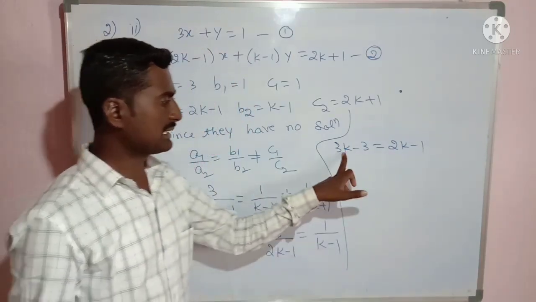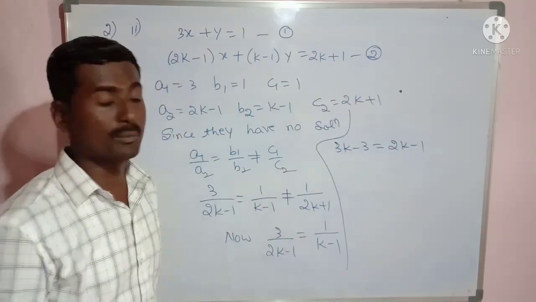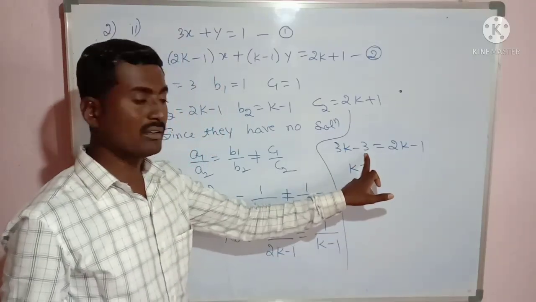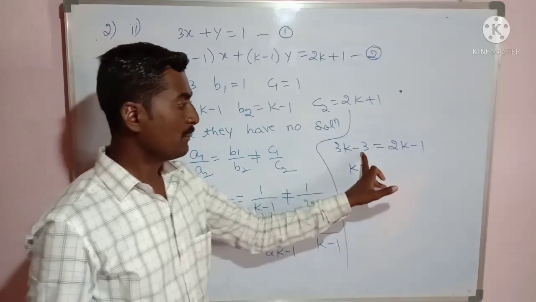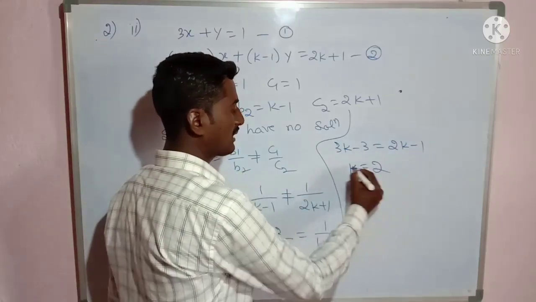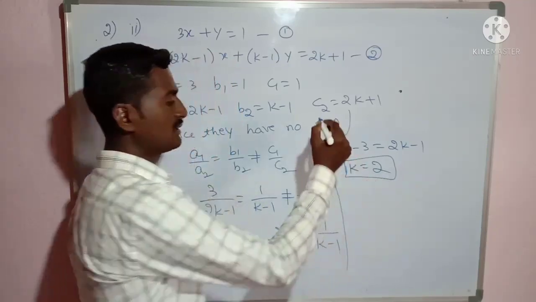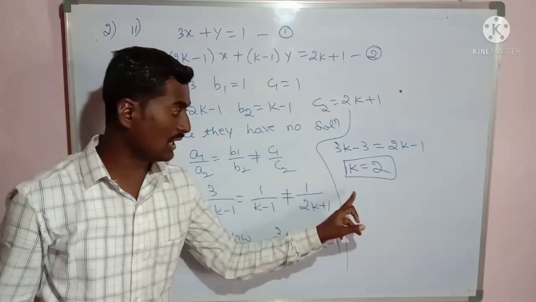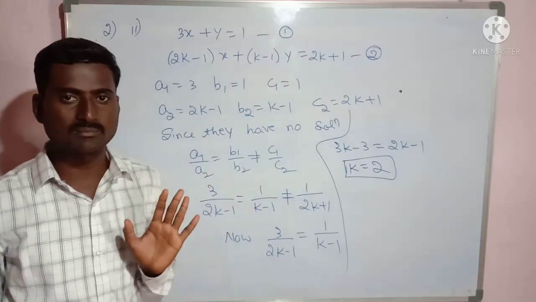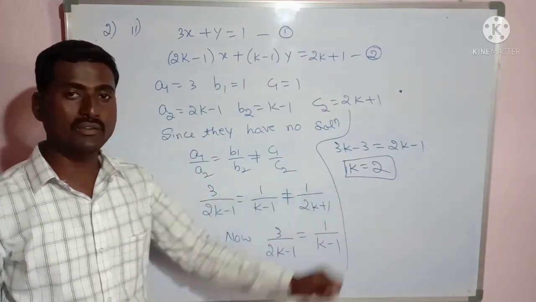Right? 3k minus 2k, that is k. Then I will take minus 3 to the right side. Minus 3 will become plus 3 minus 1. Plus 3 minus 1 is nothing but, k equal to 2. So they ask you to find the value of k for which the given pair of equations have no solution. So we got that value of k as 2.